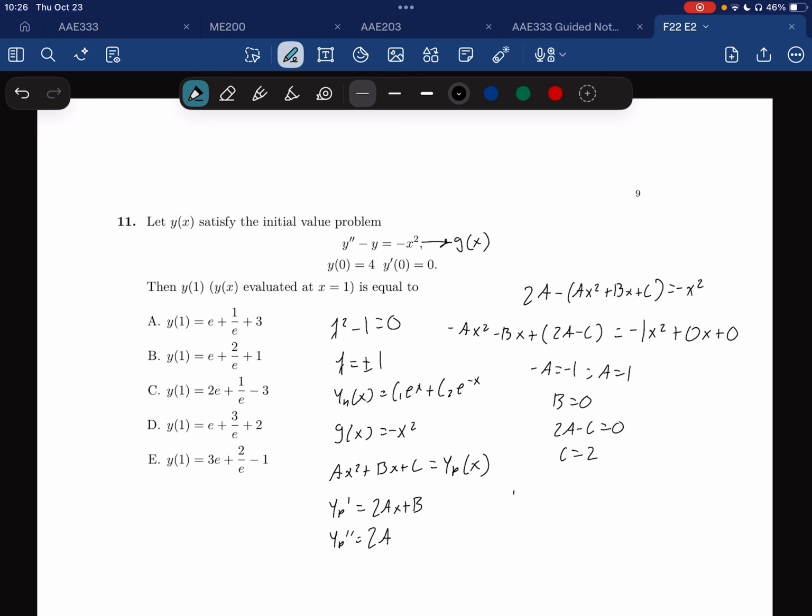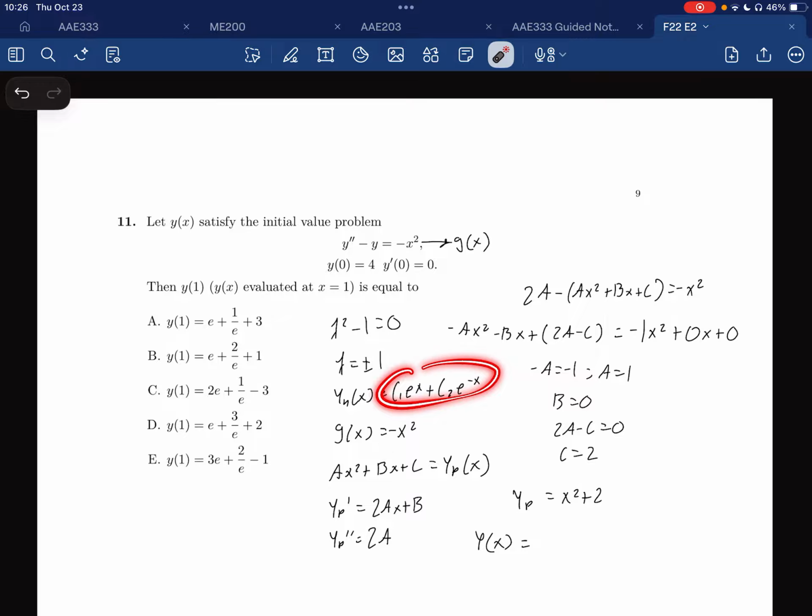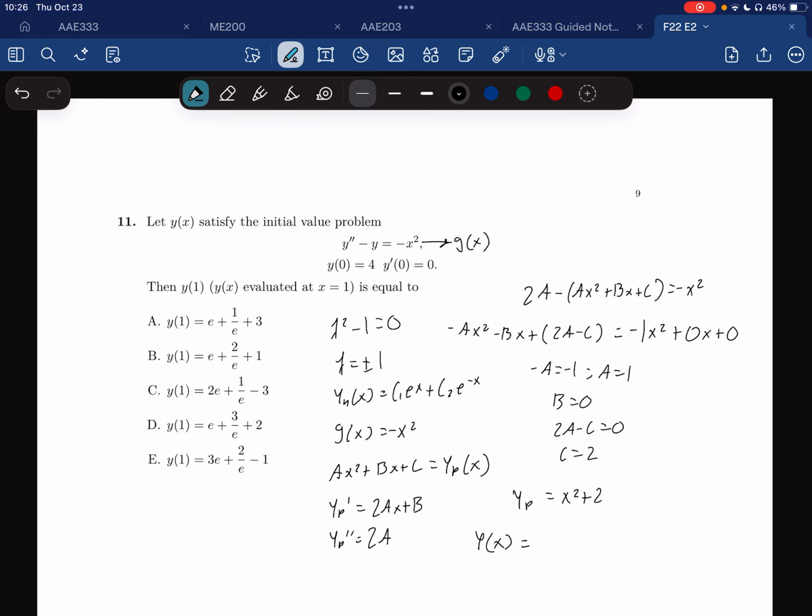So y particular becomes x squared plus 2. To find our full solution, we're going to add our homogeneous solution and our particular solution.